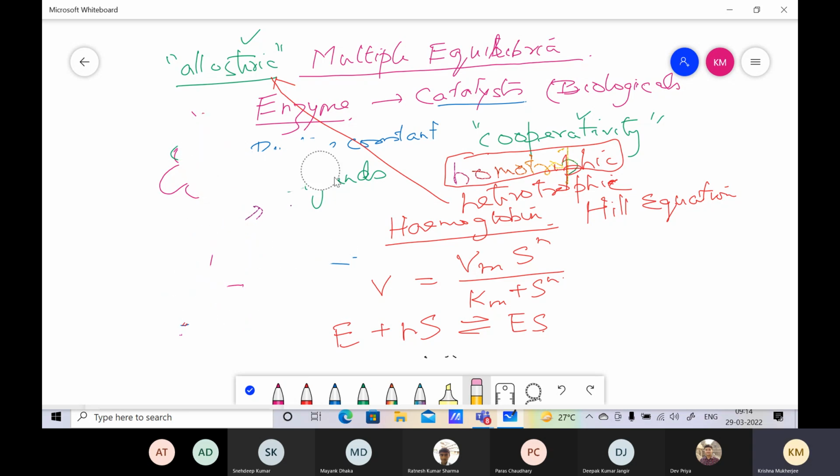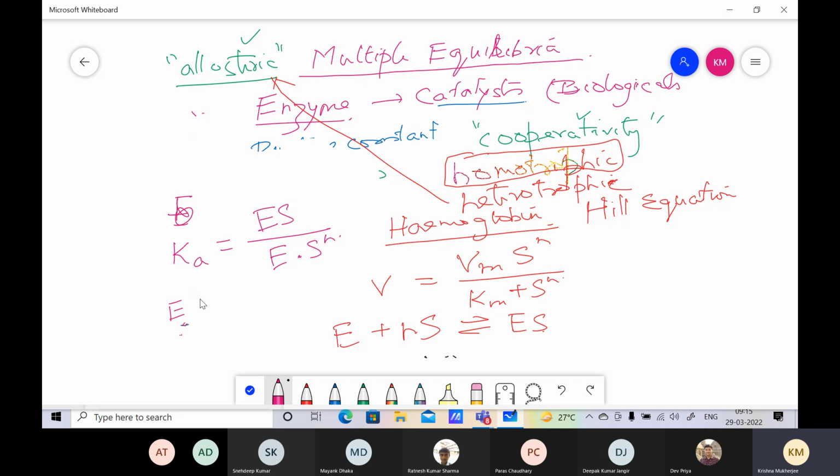So I'm making a simple, the association constant is essentially given by Ka, the association constant, which is ES upon E into S raised to n. Right? And so now we can find out ES by the same way that we did ES by E total.